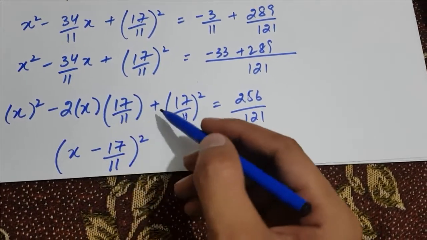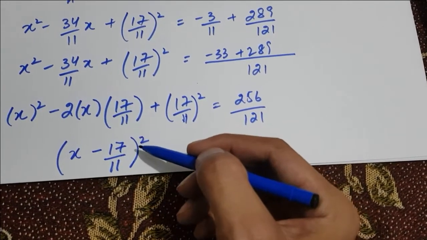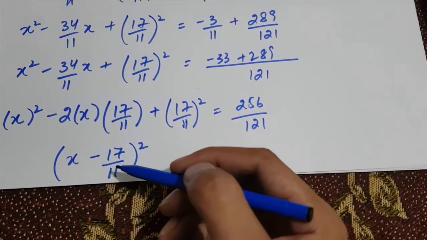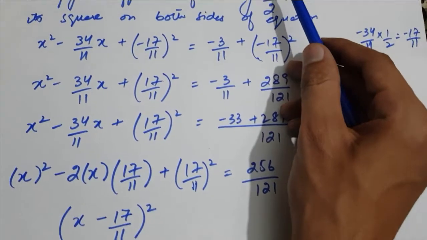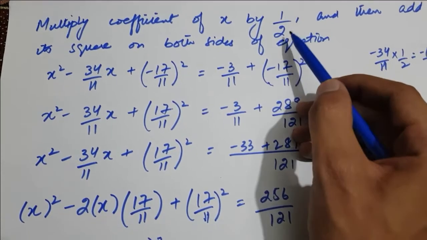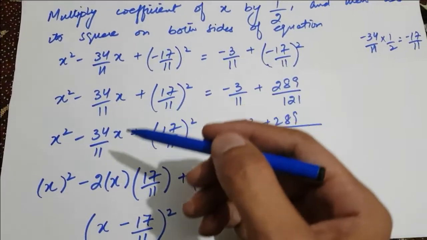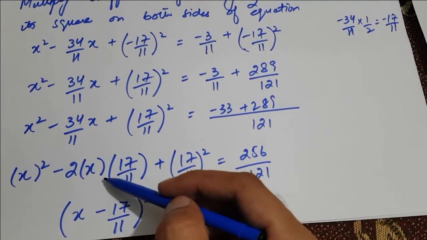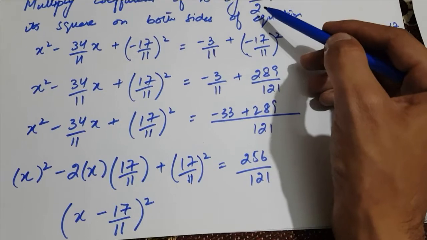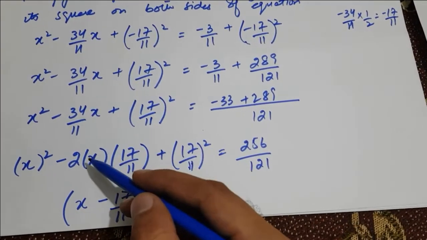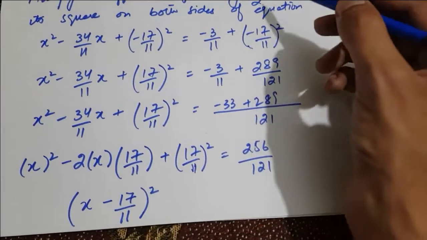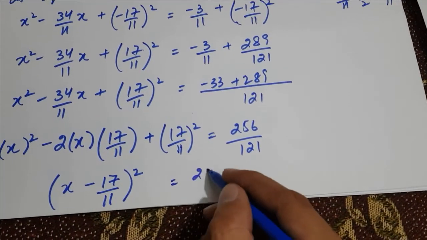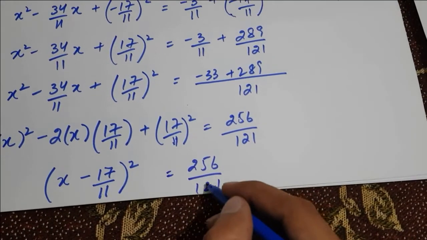So in this way we have completed the square of a term. So this sums up that why we multiply coefficient of x by 1 by 2. Since we have to get a 2 with the middle term, so we multiply it by 1 by 2. In case we had to get a 4 in the middle term, we would have multiplied it by 1 by 4. So on the right hand side we get 256 over 121.